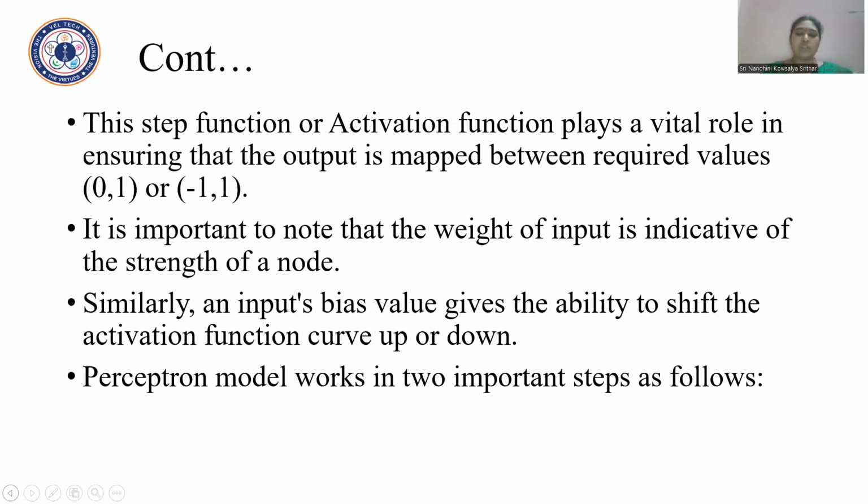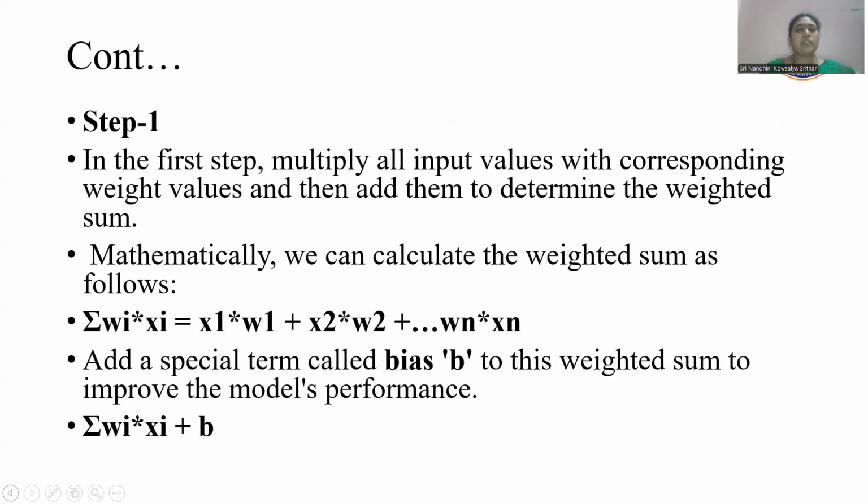Perceptron model works in two important steps as follows. Step 1. In step 1, we multiply all input values with their corresponding weight values and then add them to determine the weighted sum. Here we calculate the weighted sum as follows: summation of wi into xi, that is the weight of the input and the value of the input, equal to x1 into w1 plus x2 into w2 up to xn into wn.